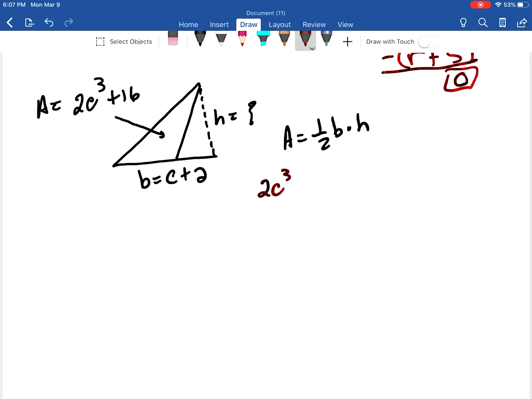So I'm saying 2c cubed plus 16 is going to be equal to 1/2 our base, and I'm going to put parentheses, times our height. And for our height, I'm going to put h because we don't know what our height is. Now for our base, I'm going to put c plus 2.